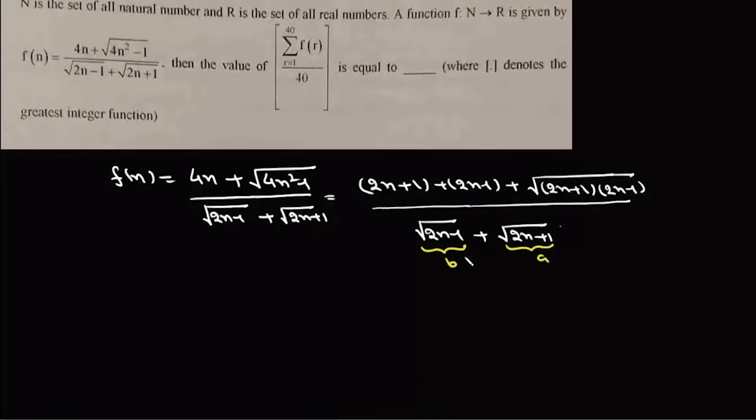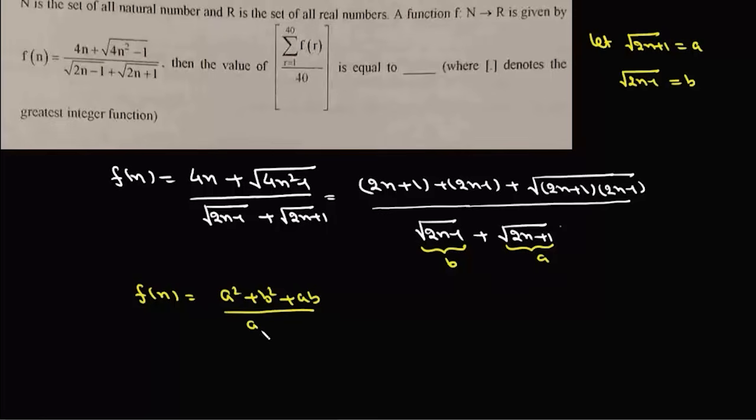under root 2n plus 1 as a and under root 2n minus 1 as b, so we have taken let under root 2n plus 1 is a and under root 2n minus 1 is b, then basically this f(n) is (a square plus b square plus ab) upon (a plus b). What we'll do is, we'll multiply and divide it with a minus b. Now this is (a minus b) into (a square plus b square plus ab), so it will be a cube minus b cube, and here it is a square minus b square.